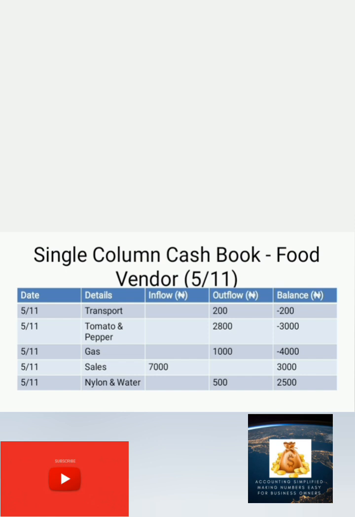Under money out, because you're spending money, you write 500 naira, so then your balance will now be worth 2,500. How? 3,000 naira was our previous balance after the sales we had, so it will be 3,000 naira minus this outflow of 500 naira. Our balance is what now? 2,500. That brings us to the end of recording our cash book.